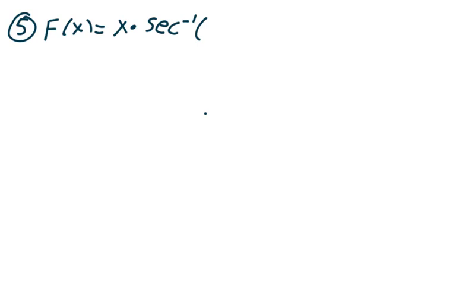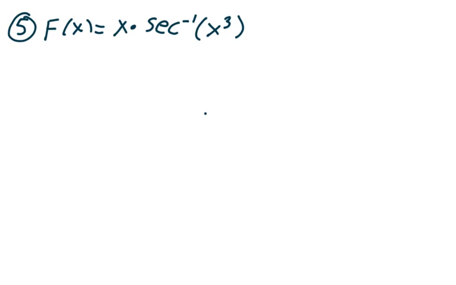Now, let's take a look at example 5. Suppose I had the following. f of x is x times the inverse secant of x to the third power. Okay.